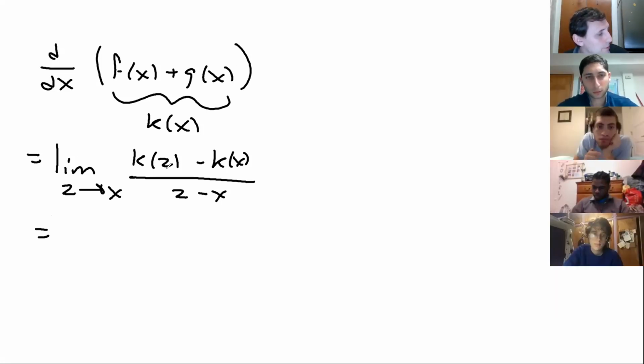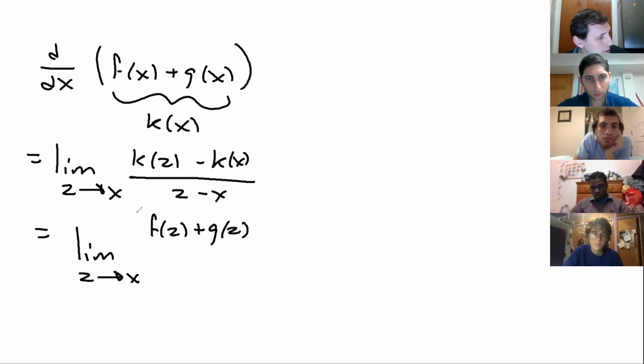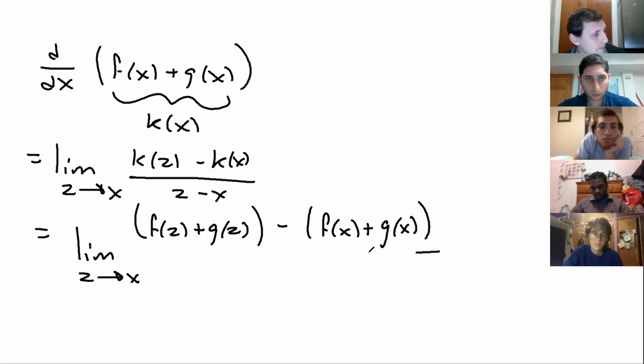So look what happens if I expand it. This is simply the limit as z goes to x of f(z) plus g(z). That's k evaluated at z, minus f(x) plus g(x), everything divided by z minus x.